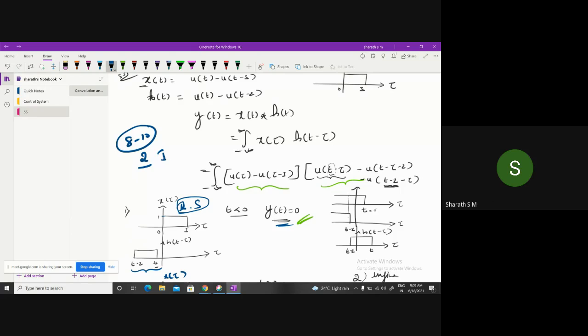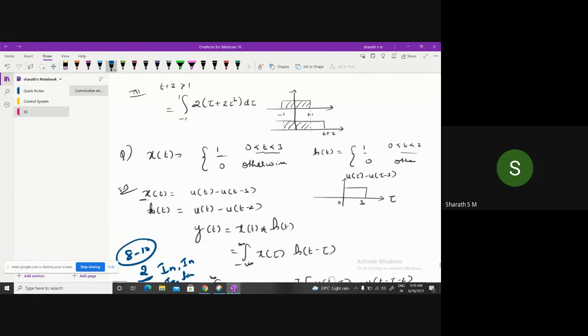If both x of t as well as h of t are infinite signals, we can observe only 2 cases. We can observe 3 cases when one is finite and the other is infinite. And we can observe 5 cases when both are finite sequences. This is very important.